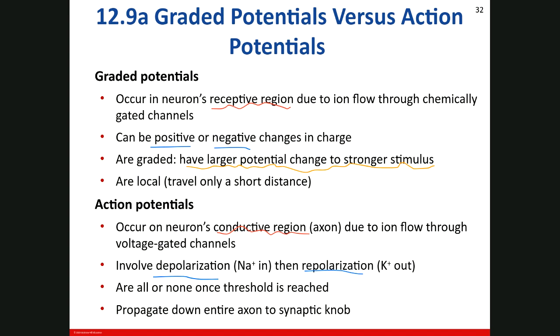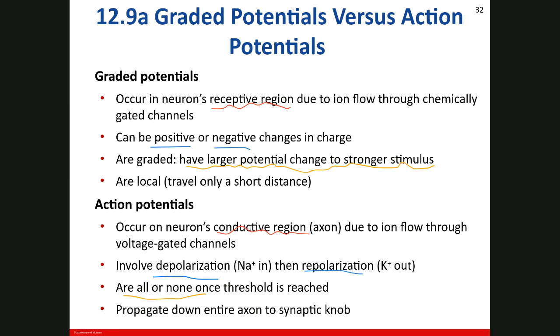It means we have the all-or-none law for the action potential. It doesn't matter if our stimulation is weak or strong. When we reach the threshold level, which is negative 55, the action potential happens. When we don't reach the negative 55, we don't have any action potential. So this is the difference between graded and action potential.